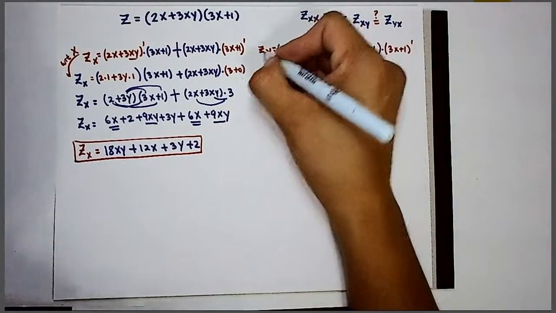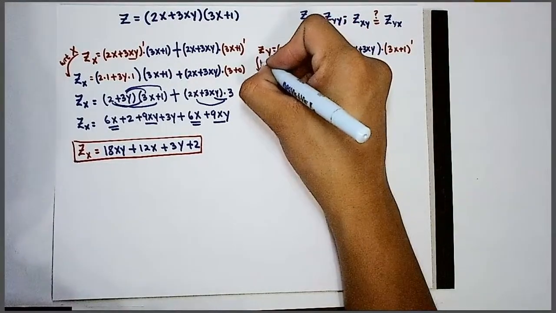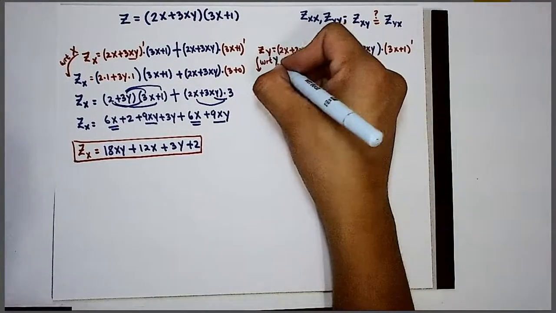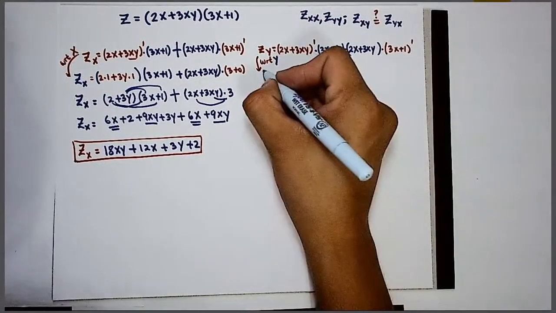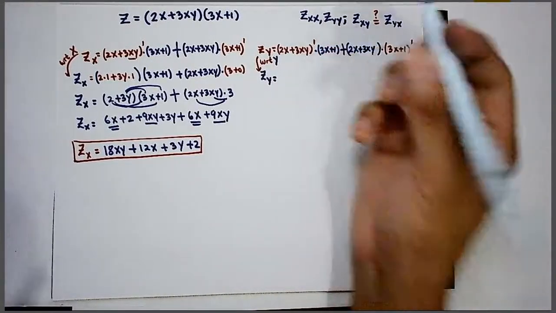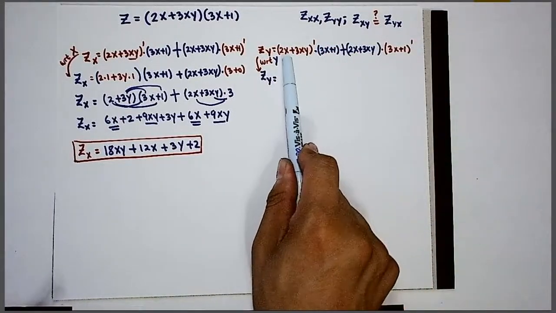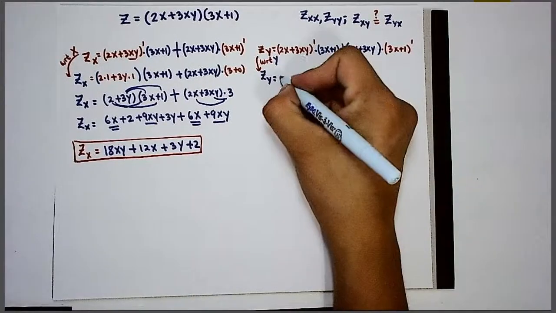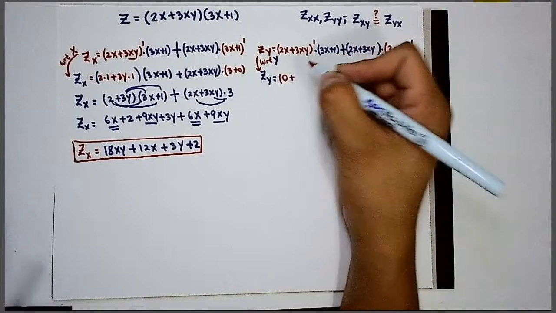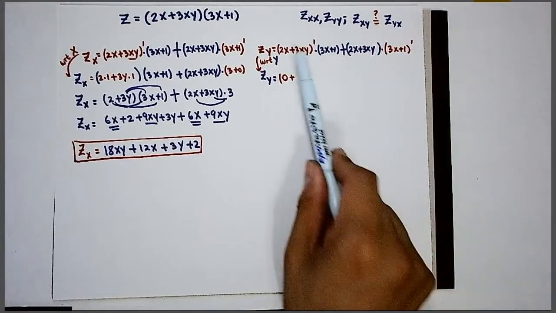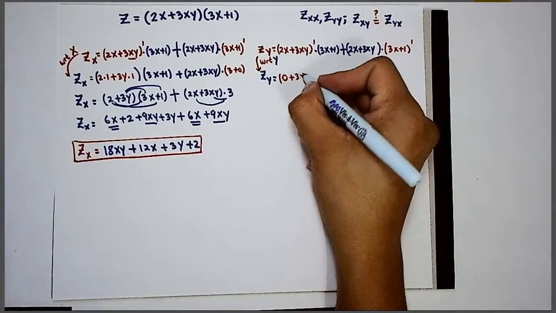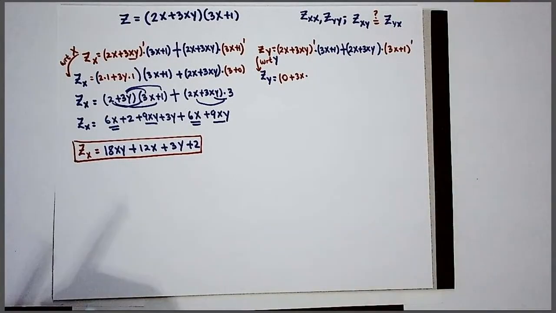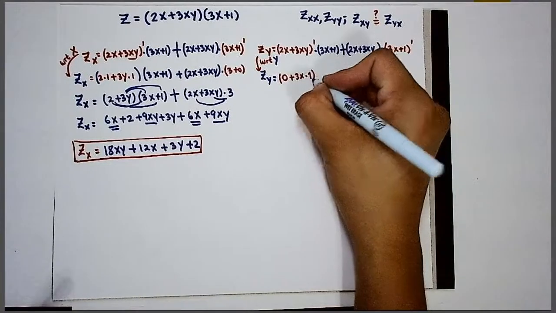However, here we need to remember that it's going to be with respect to y. So zy is equal to: the derivative of 2x with respect to y is 0 because there is no y, plus, here the constant part is 3x, times the derivative of y with respect to y, which is 1.